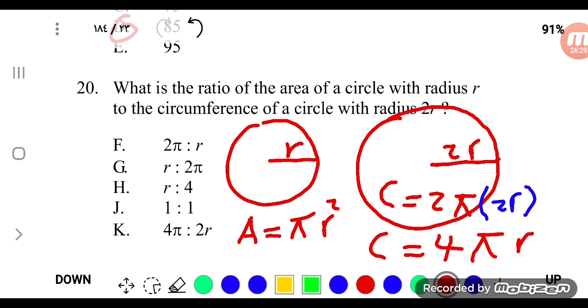Now the question, what's the ratio of area to circumference? So I need to divide this amount by this amount.